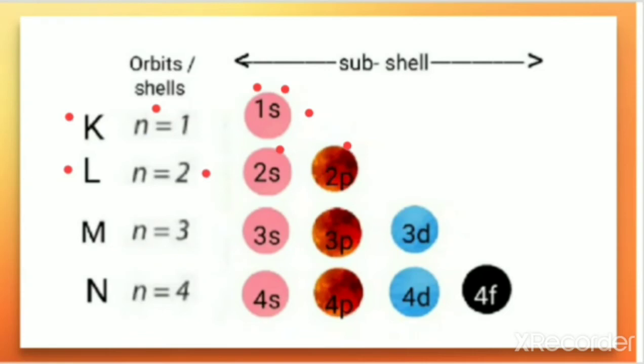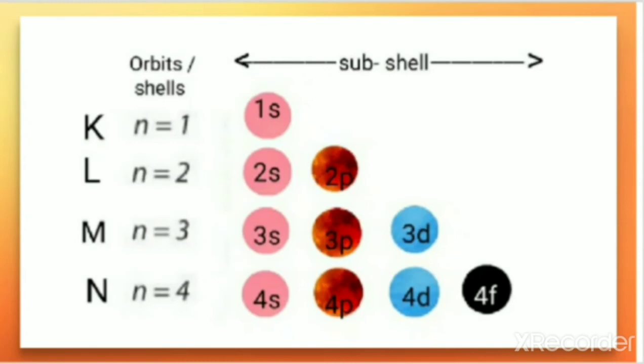In 2p, 2 is the principal quantum number and p is the subshell. So what will be the total number of orbitals? 2s has a single orbital and 2p has 3 orbitals, that is 2px, 2py, 2pz. So the total number of orbitals in the second shell is 1 plus 3, which is equal to 4.